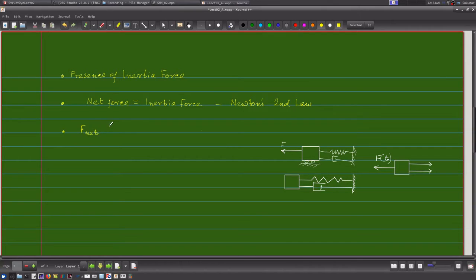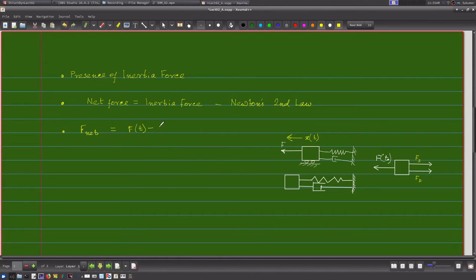Net force is the resultant force, and if I take the left hand side direction as positive, because I am giving a positive deformation x to the mass, which is of course a function of time because the system is dynamic, you can also take the right hand side forces as positive, ultimately we will get the same result. So my net force will be Ft, this is the positive force, minus the spring force, which I call Fs, minus the damper force, which I call Fd.